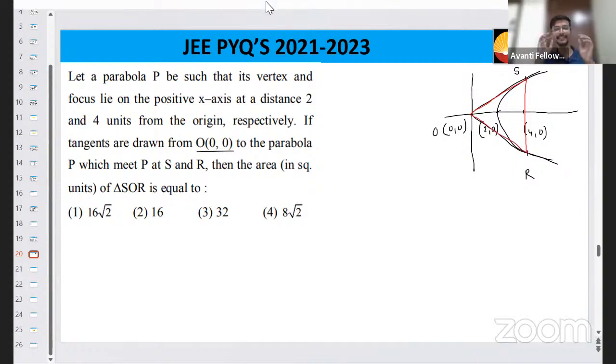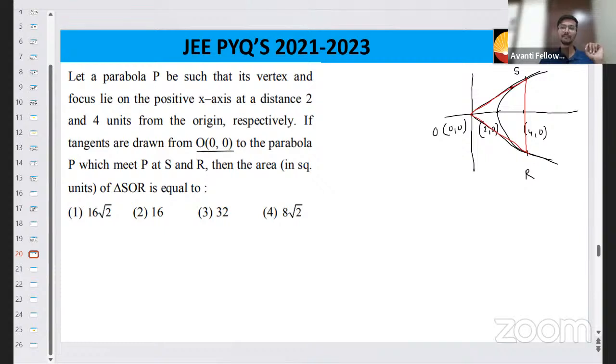Now, it is very common sense, or you can say common logic you can use here. As you can see from the diagram itself, the point O lies on the x-axis, and the x-axis divides the parabola into two equal parts. That means the parabola is symmetric about the x-axis.